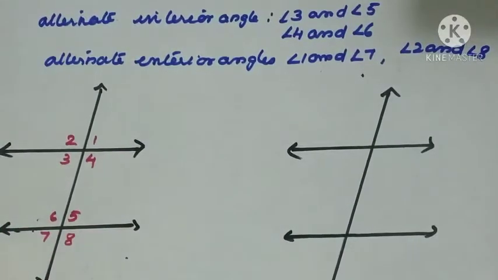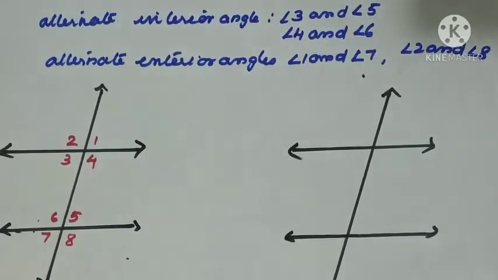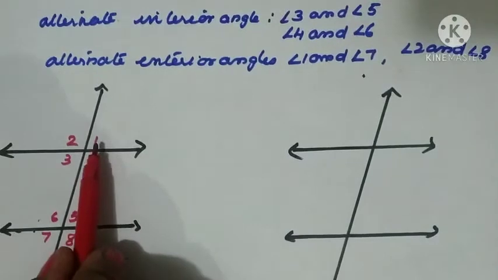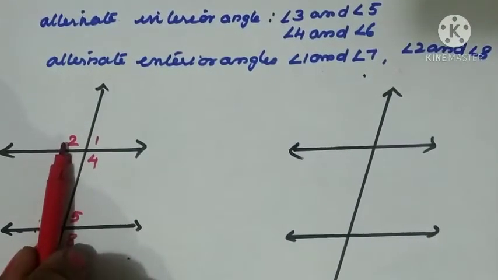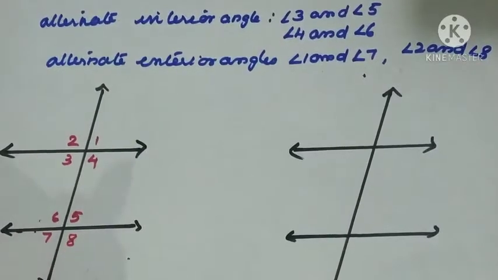For alternate exterior angles, we must first know what the exterior angles are. Angle 1, 2, angle 7 and 8. Now the word is alternate. So angle 1 we are taking from the right side, then angle 7 is the left side. Angle 2 we are taking from the left, then angle 8 on the right side. I think you got the idea of alternate interior angles and alternate exterior angles.